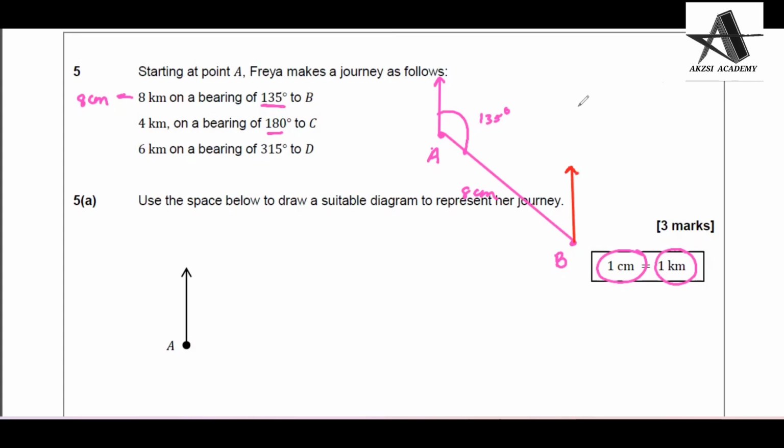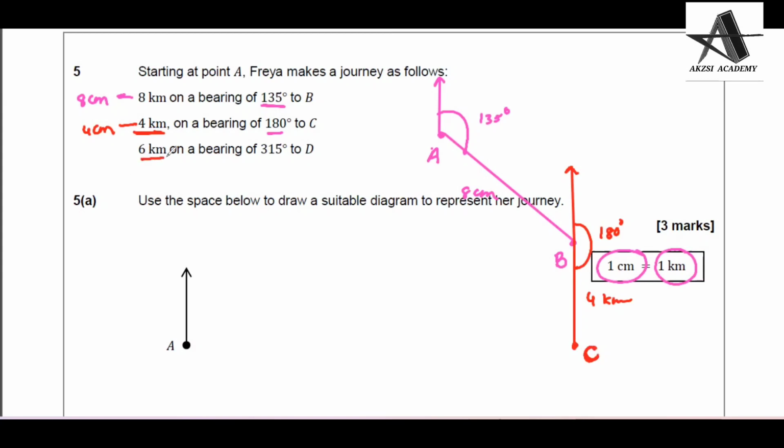Draw a line pointing towards north at B, and from here draw 180 degrees. This is 4 kilometers, that means 4 centimeters. You have to draw a line of 4 centimeters here. This is 4 centimeters, which is 4 kilometers, and name it C.